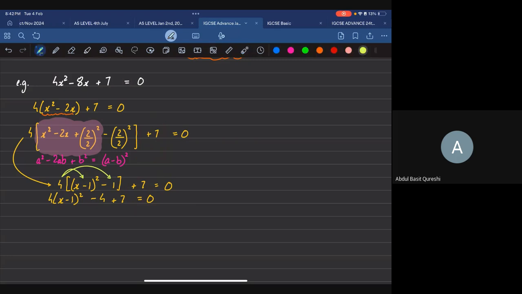So now it's going to be 4 times x minus 1 whole squared, which is going to be plus 3 on the outside, because minus 4 plus 7, and it is equal to 0. So this is going to be 4 times x minus 1 whole squared is equal to minus 3, so x minus 1 whole squared is equal to minus 3 over 4.